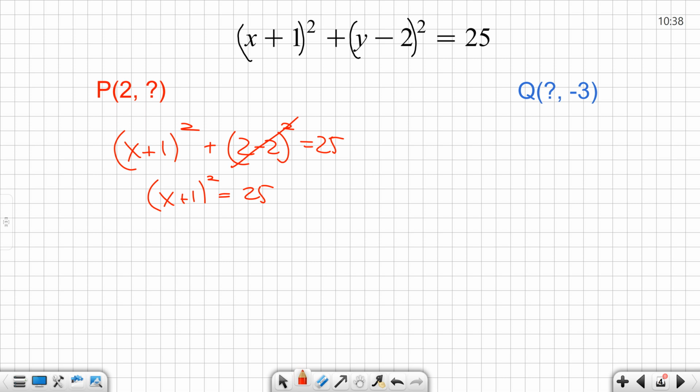Because I've isolated the squared term, I would use the square root method. But again, this is a quadratic. Quadratics always, without exceptions, have 2 answers. So therefore, x is equal to -1 plus or minus 5, which would be x is equal to -6 or 4.